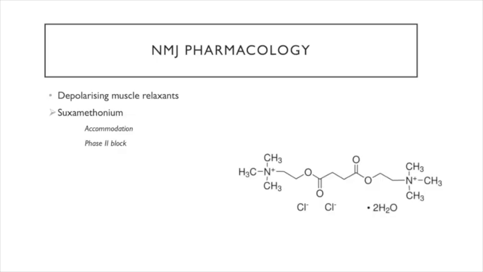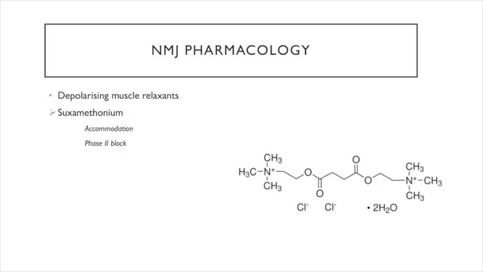So with succinylmethonium, if a high dose is given, like more than 3 milligrams per kg, or an infusion is used, patients can end up developing what is called a phase 2 block. And there are several theories as to why this phase 2 block occurs.